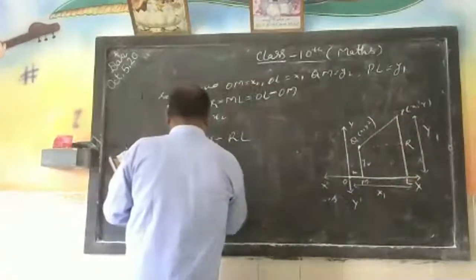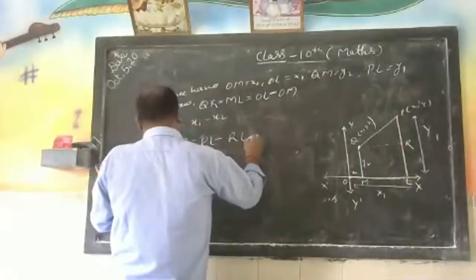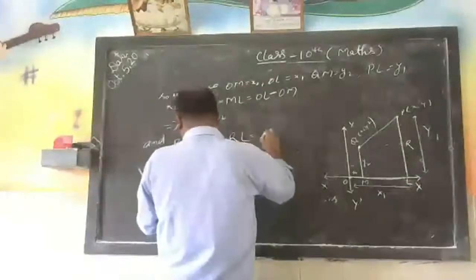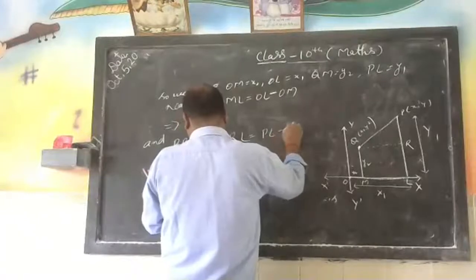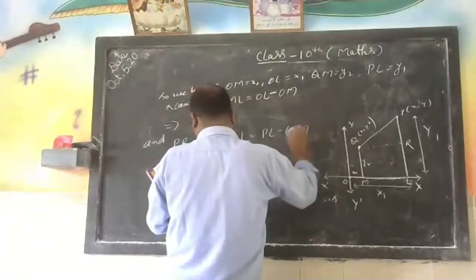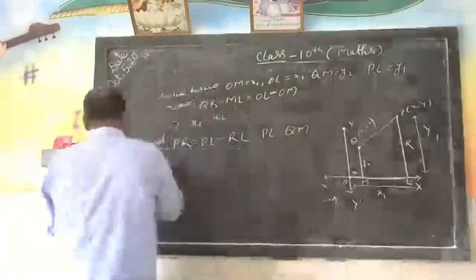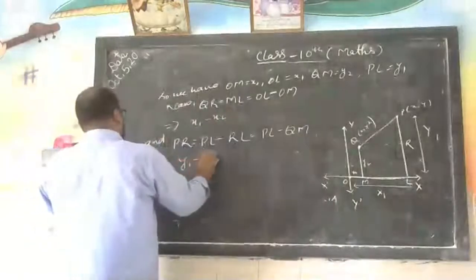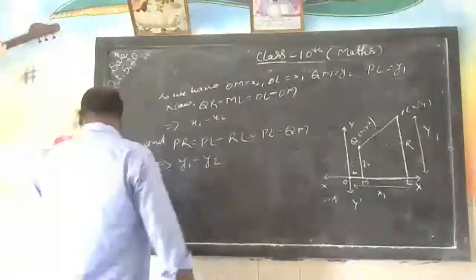This implies that PR is equal to PL minus QM, that is y1 minus y2.